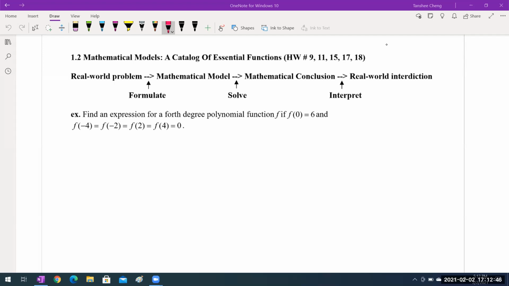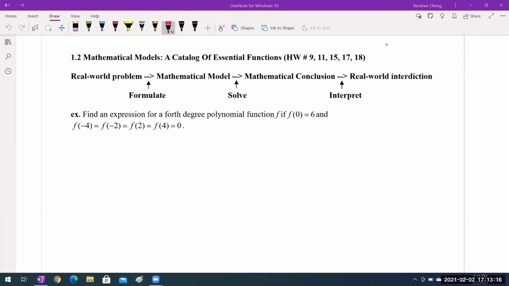From college algebra or pre-calculus, we learned how to write polynomials with their zeros, right? And the question is asking us to write a 4th-degree polynomial, and we do have 4 zeros, so therefore I will be able to write it.